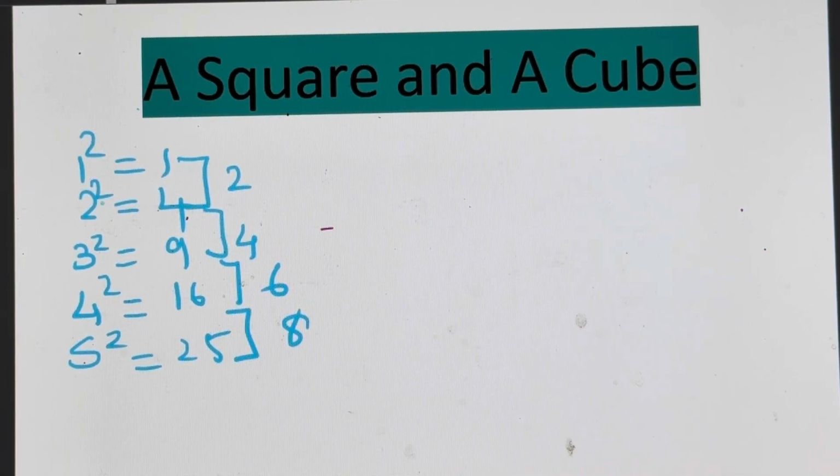between square of 1 and square of 2, there are 2 numbers. Between square of 2 and square of 3, there are 4. So if we take 2 square and 3 square, the smaller number out of these is 2. So just double it. 2 2s are 4.